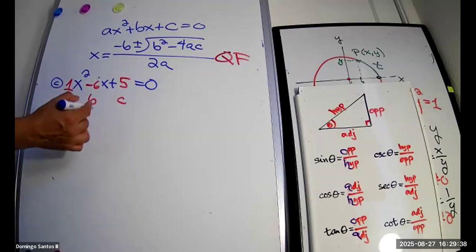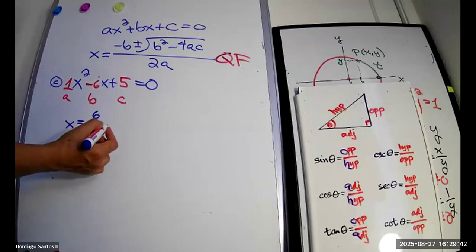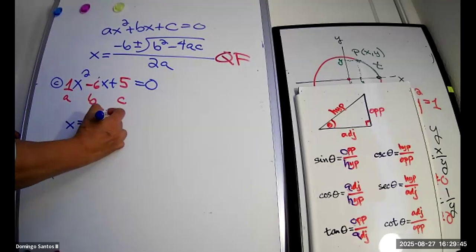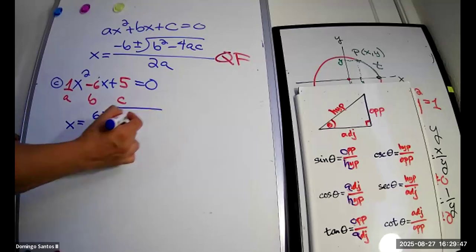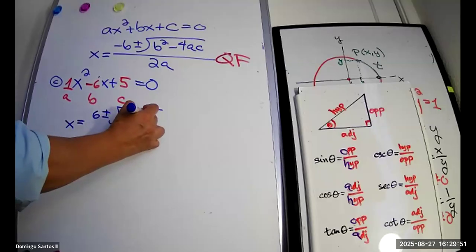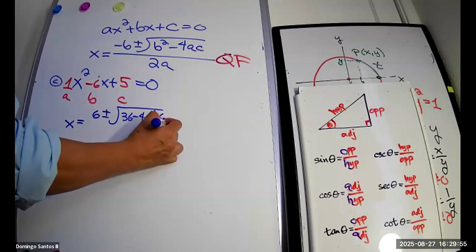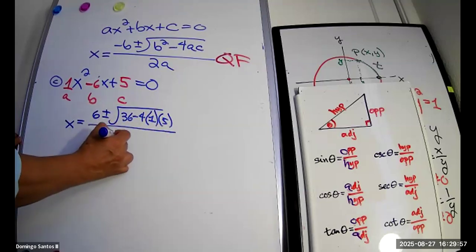So negative B. The negative of negative 6 is 6. There are 2 parts, plus minus. Square root of B squared, which is 36, minus 4 times 1 times C, which is 5, all over twice of 1.